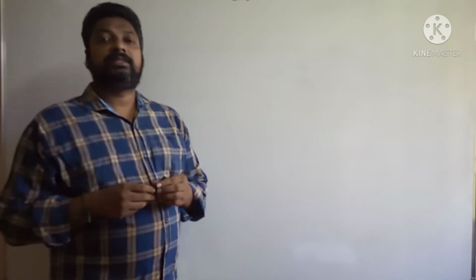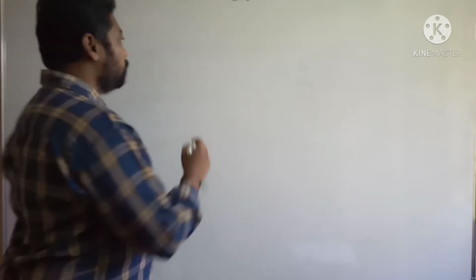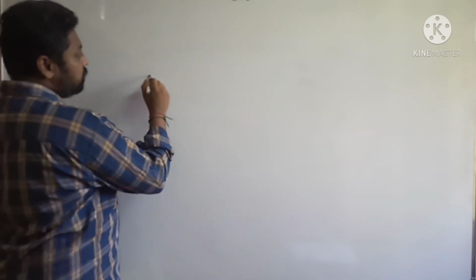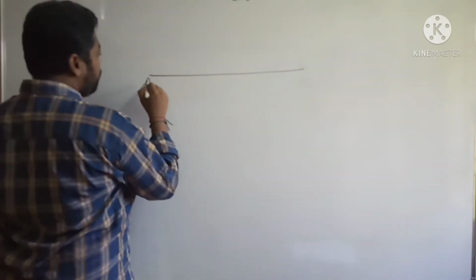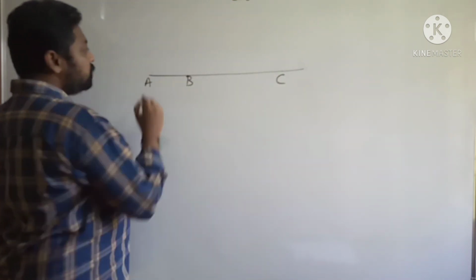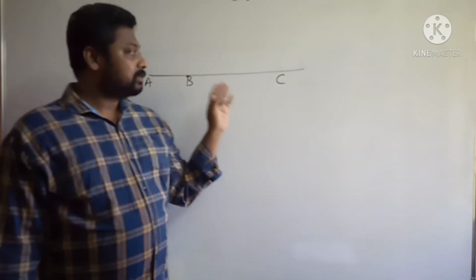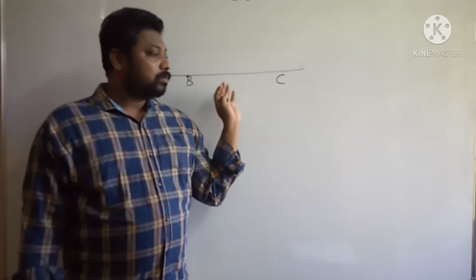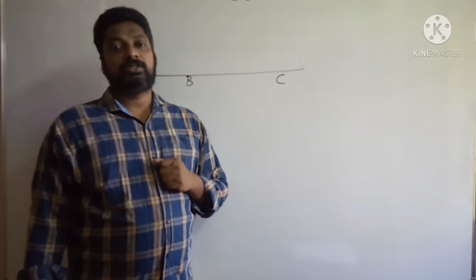Fine. Now, if three points are collinear, what is collinear? For example, there are three points A, B and C. These three points are called collinear because they lie on the same line. So what is the condition in 3D geometry?